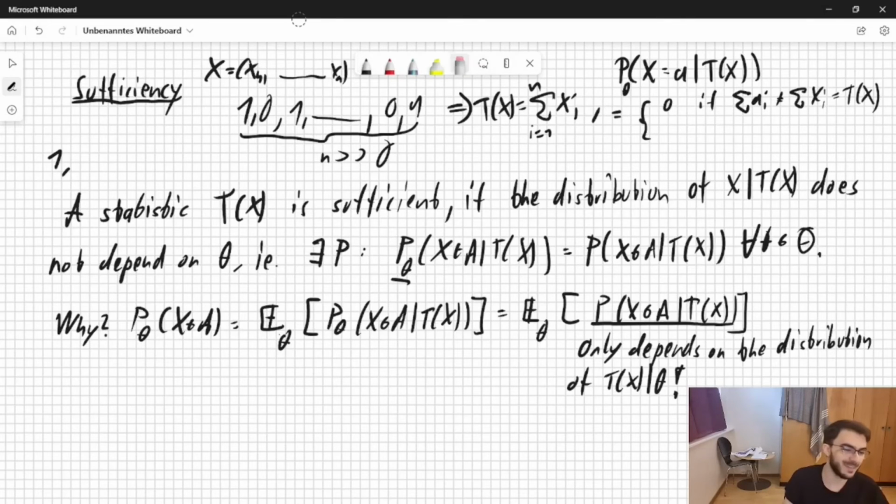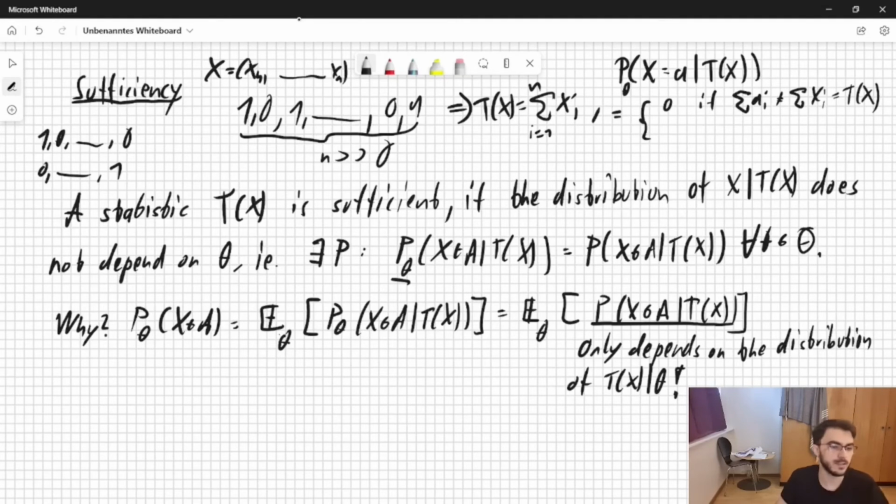Sorry, that was confusing, because every order has the same probability. That's what I want to say. So first of all, the sum doesn't care about the order, and every event has the same probability. So this here has the same probability as this event.